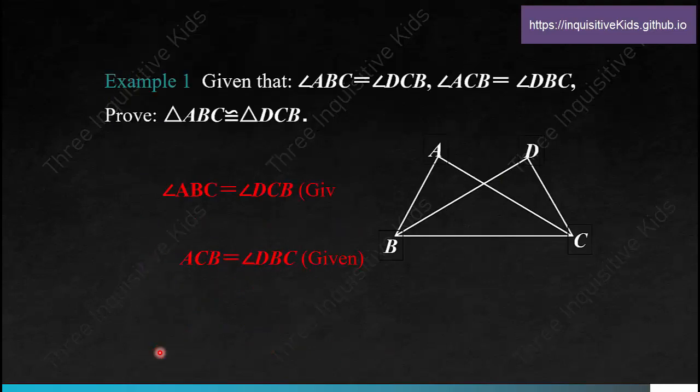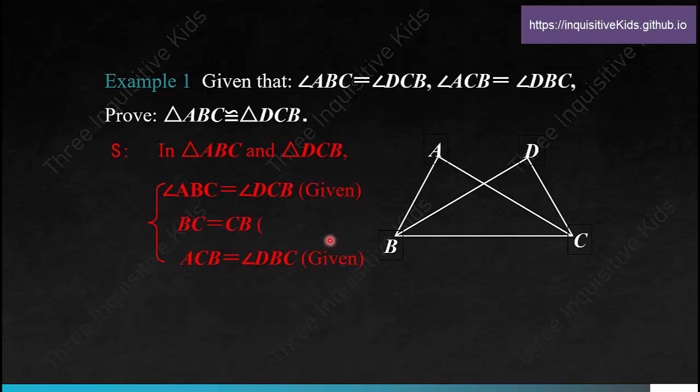So let's do example 1. Given that angle ABC is equal to angle DCB, and angle ACB is equal to angle DBC, prove triangle ABC is congruent to triangle DCB. First I want you to try this on your own. Okay, then you come back. Let's look at the solution. In triangle ABC and triangle DCB, angle ABC is equal to angle DCB, that's given.